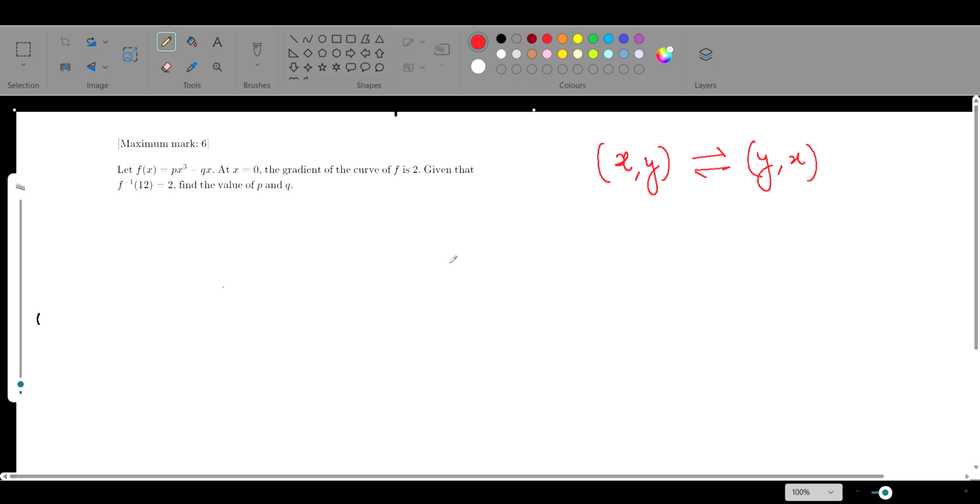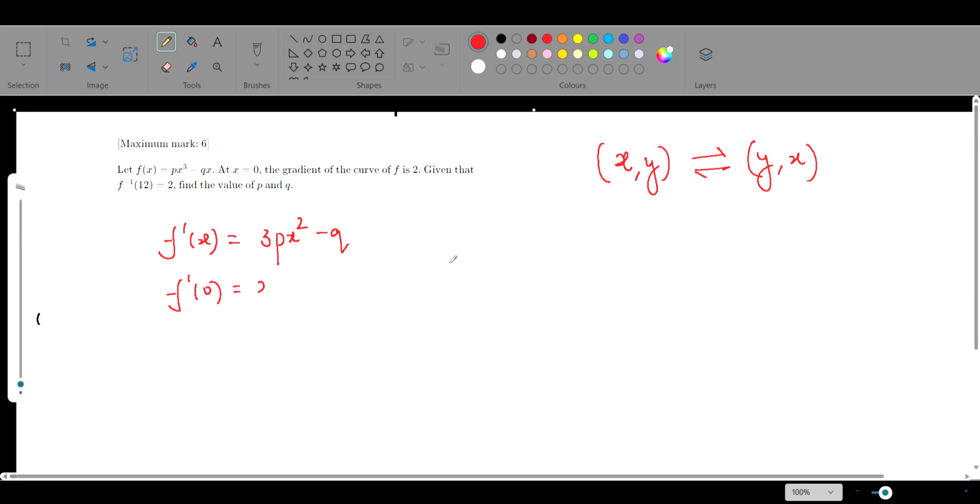So 2 to the power of 3 is 8. 8p minus 2q is actually 12. And 2 to the power of 4, 12p minus q is actually 2.